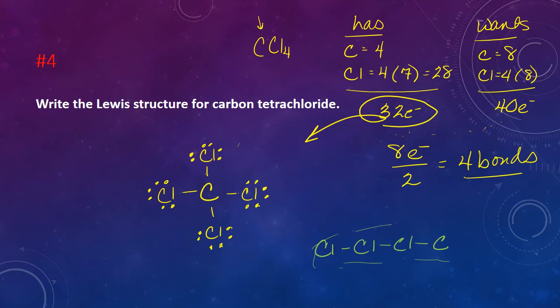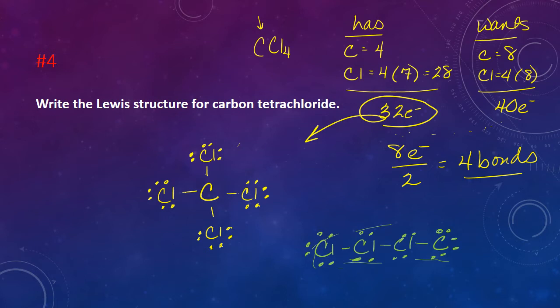Now let's see if on this straight-lined one I can still fit 32 electrons. 2, 4, 6, 7, 8, 9, 10, 11, 12, 13, 14, 15, 16, 17, 18, 19, 20, 21, 22, 23, 24, 25, 26.